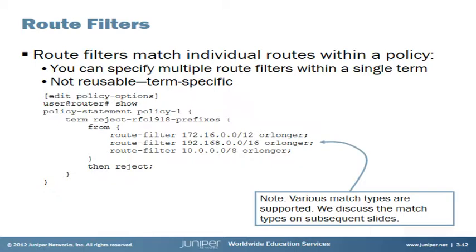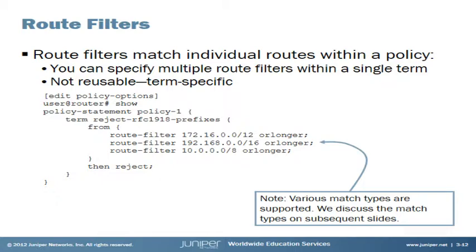What that does is it matches on anything with a /12 or longer. So it could be any network that matches the first 12 or more bits of that particular prefix. So the first 12 bits or more of that first prefix will be a match.